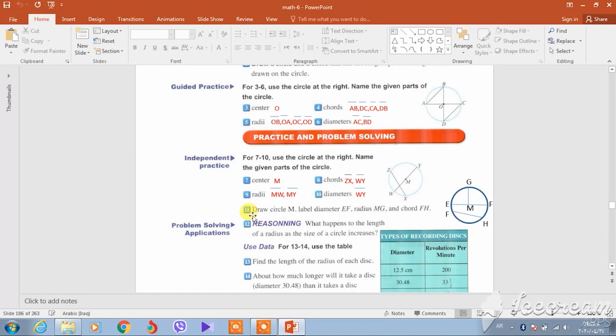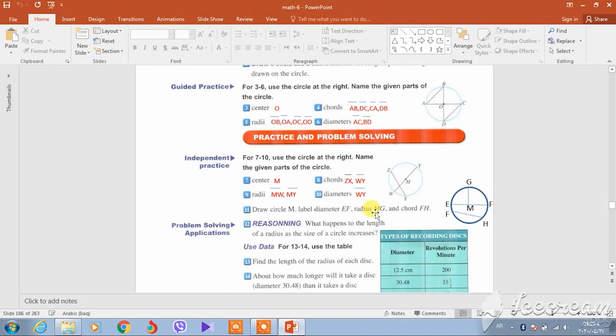Question 11 says draw a circle M, label a diameter EF, radius MG, and chord FH. First you make a circle, student. Because it says circle M, the center point is M, so we have center point M. After that we label diameter EF: this line makes the diameter, line segment EF.